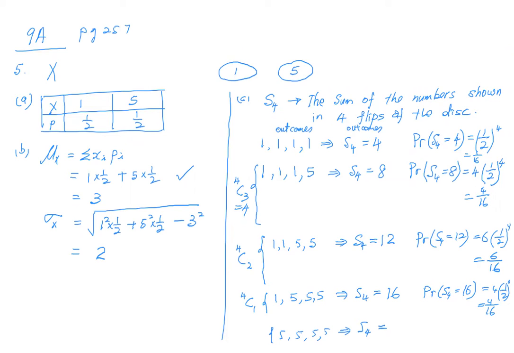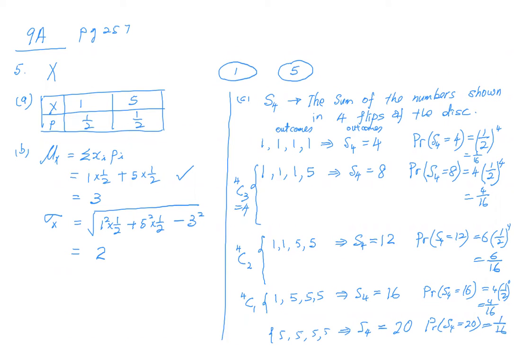Renat? It's 20. Yes, 20. Okay, so how do you get 20? 5 plus 5 plus 5 plus 5. So the probability of S4 equal to 20 will be 1 over 16.